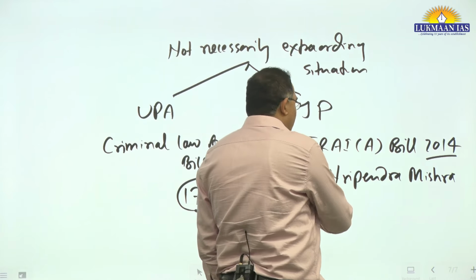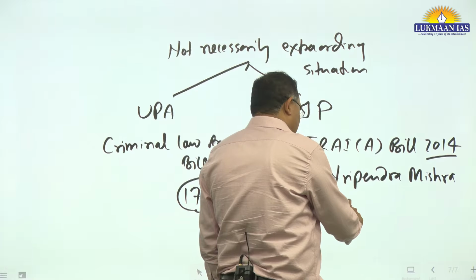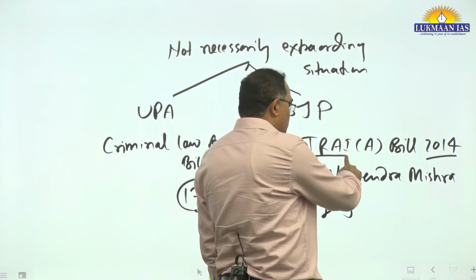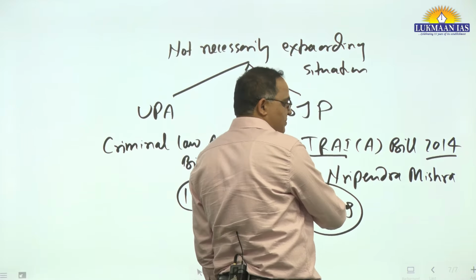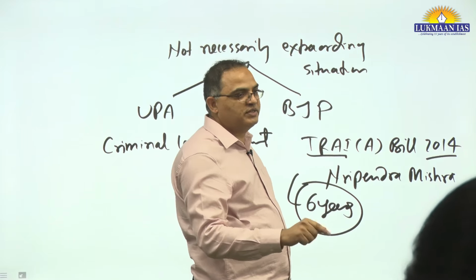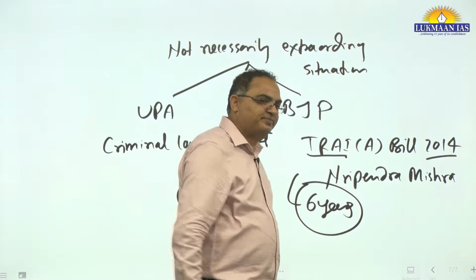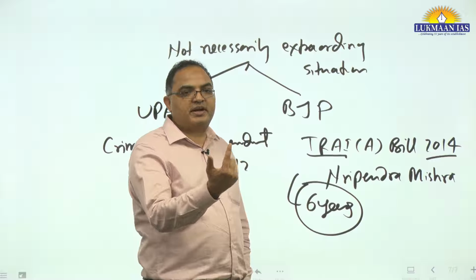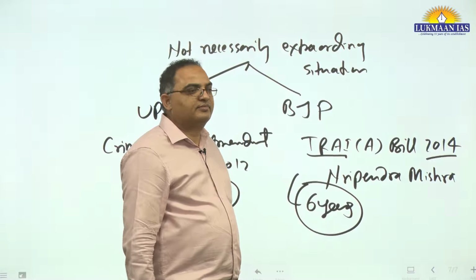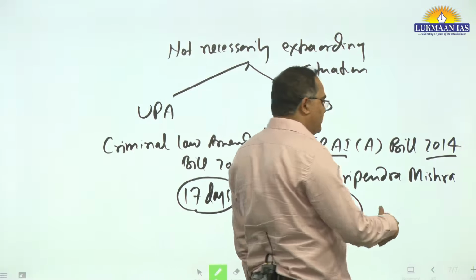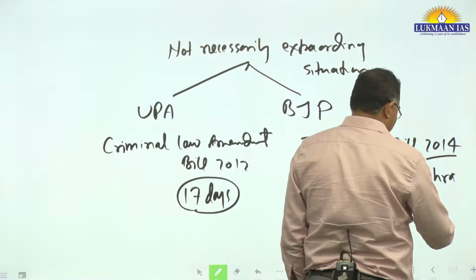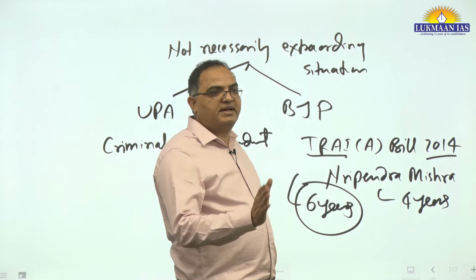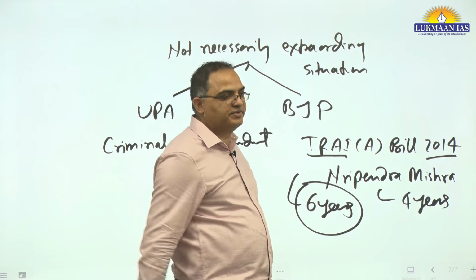The TRAI law says that anyone who was member or chairman of TRAI should not hold, after retirement, any government office for 6 years. And Nripendra Mishra was chairperson of TRAI, and he had completed 4 years after retirement.